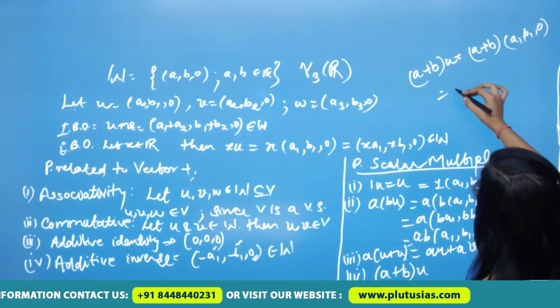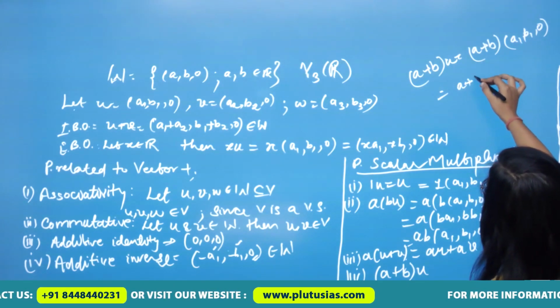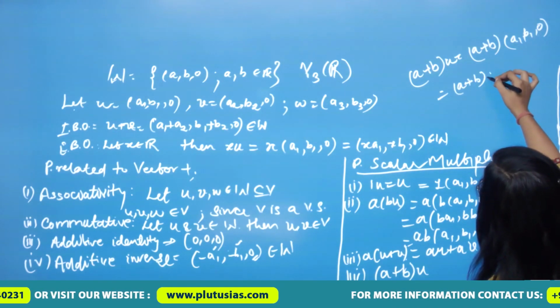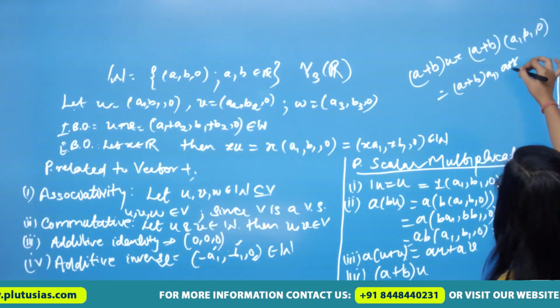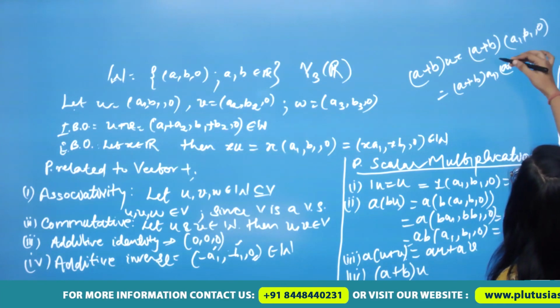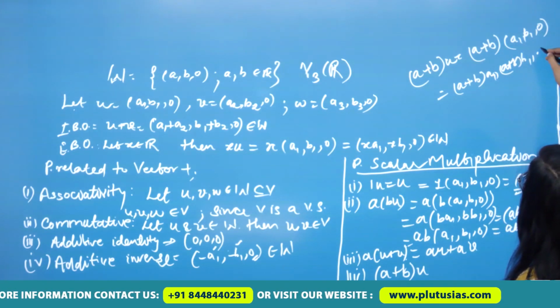If we take a and b inside, then a plus b times a1, a plus b times b1, and a plus b into 0 is 0.